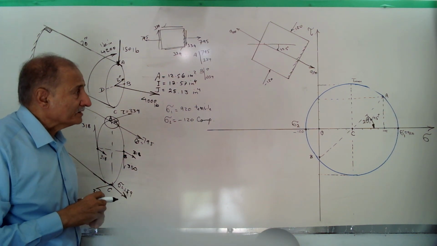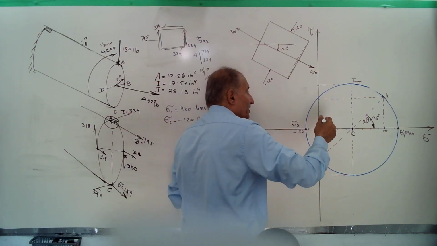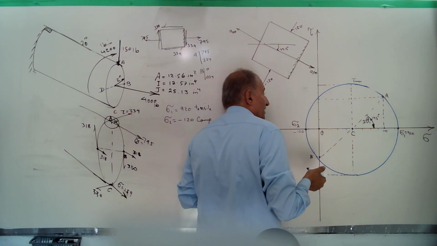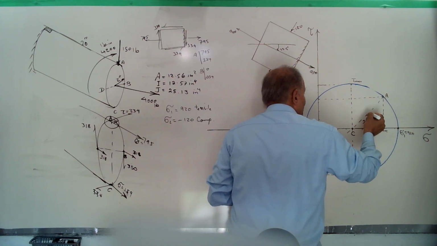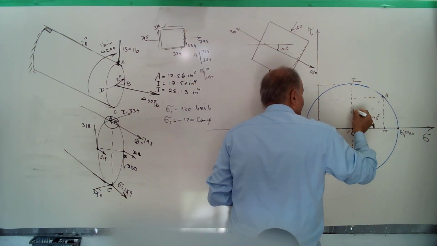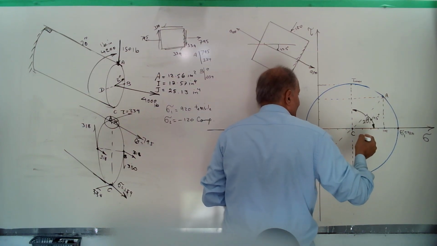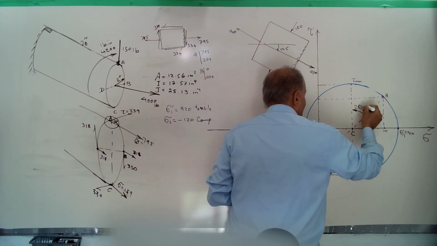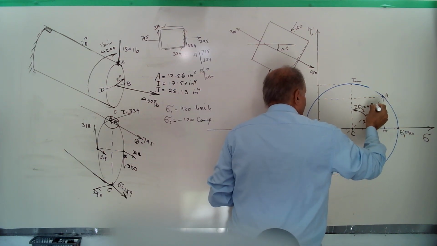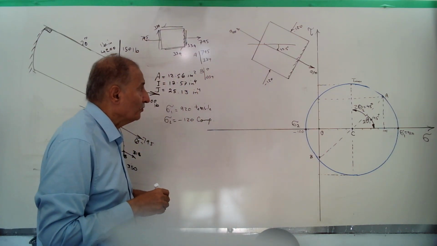What about tau max? I want to show a stress where tau is also max. Look, from A to reach this point, I have to move counterclockwise. How much? 45 again. This is 2 theta 2, 45, and theta 2 is 22.5 as well.